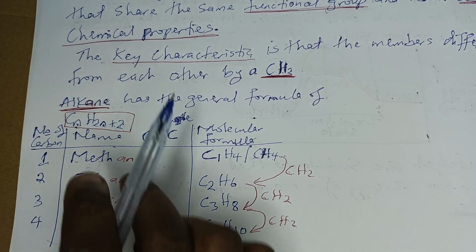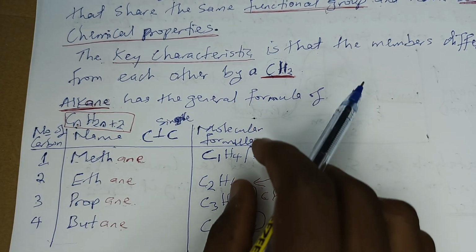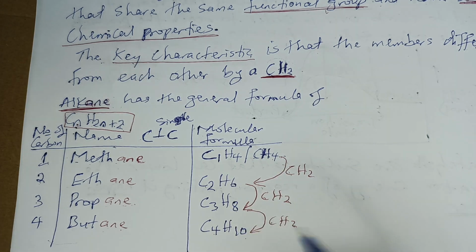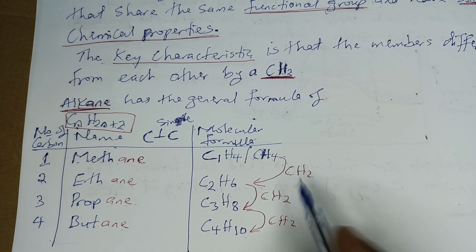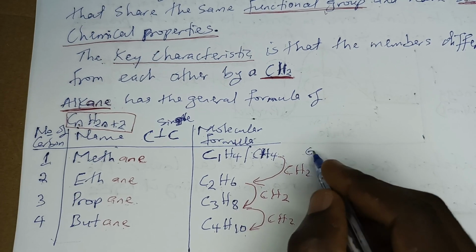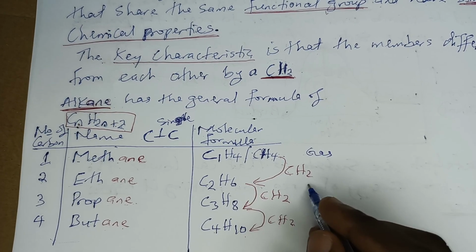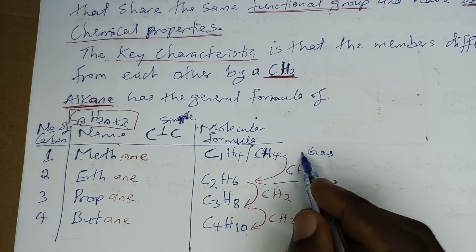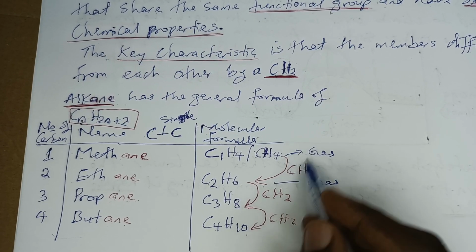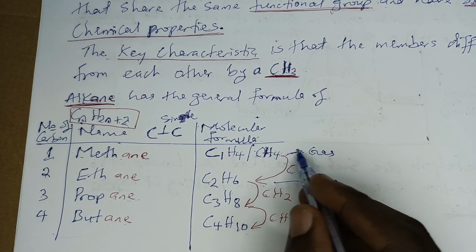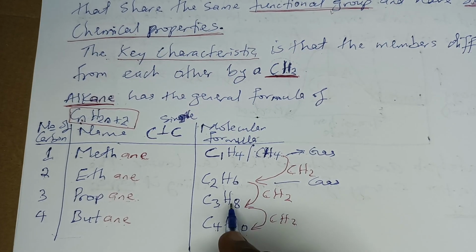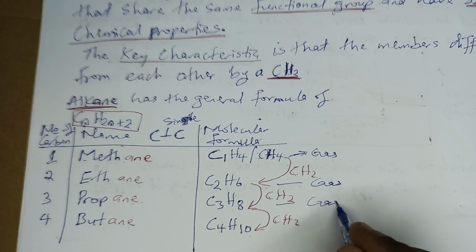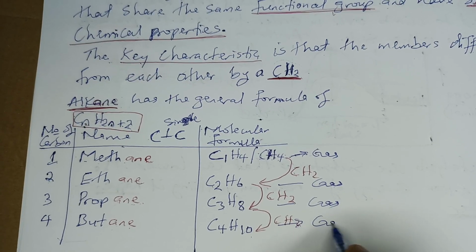Though their chemical properties are not the same, it changes gradually, not drastically. This one, for example, is a gas. The one that follows is also a gas. We use this one in cooking, and also in automobiles. This is also a gas, this is also a gas, and this is also a gas.